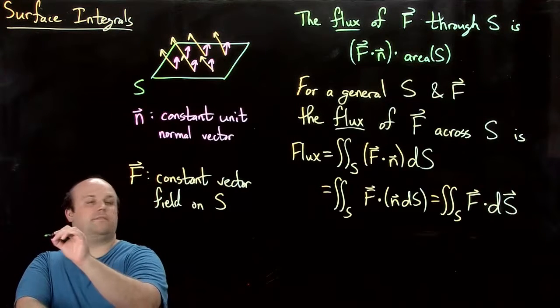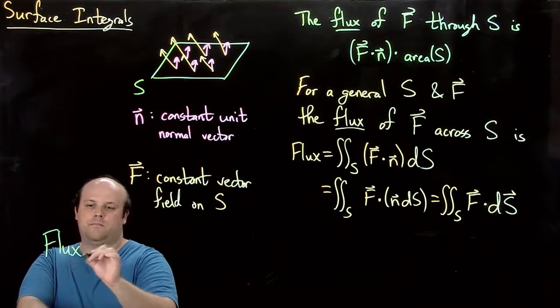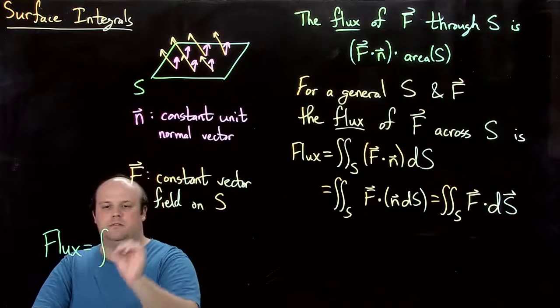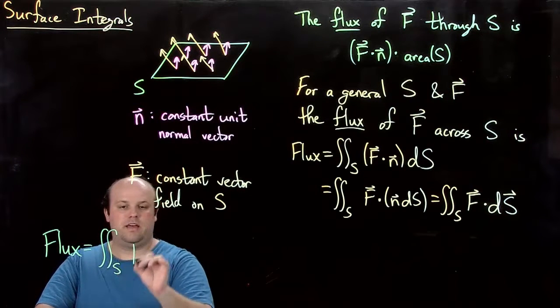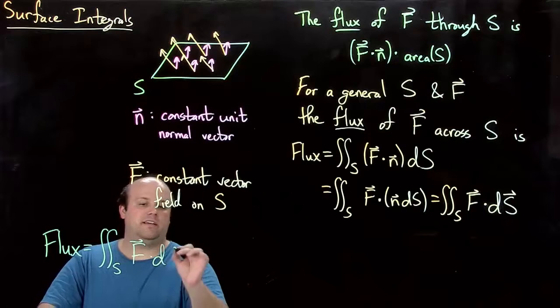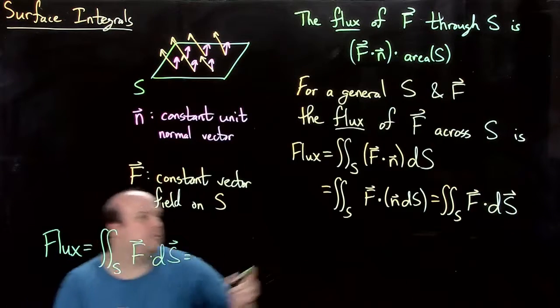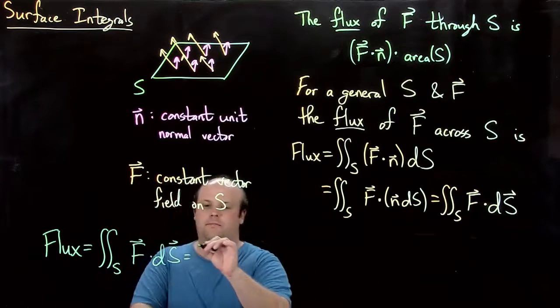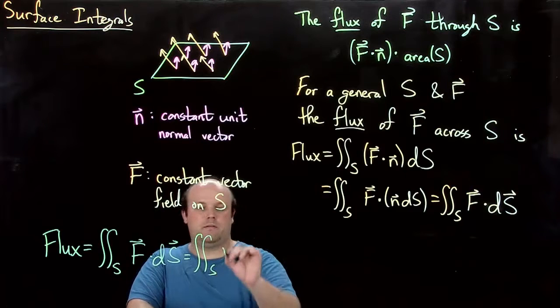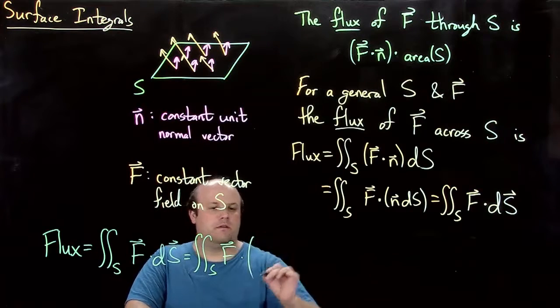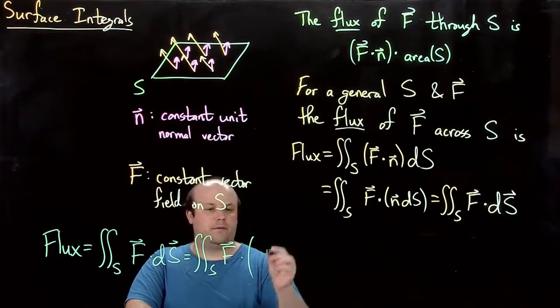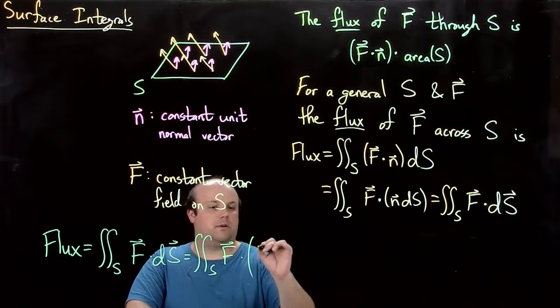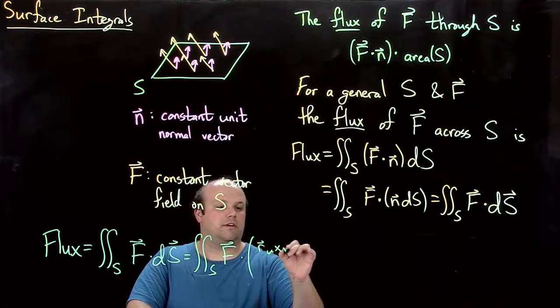So the flux, which is F dot dS, well, remember what n is. n will be some r_u cross r_v.